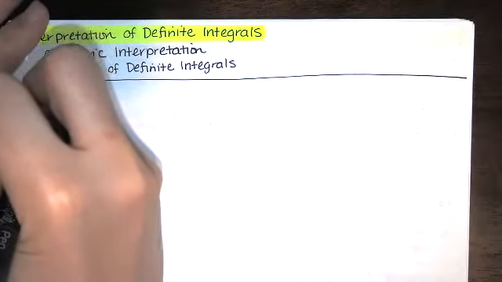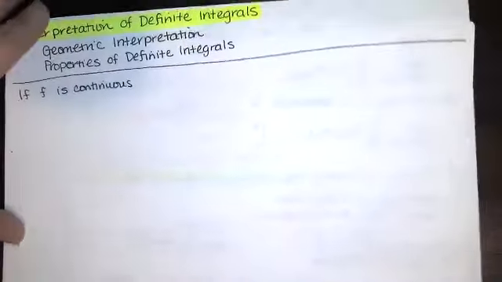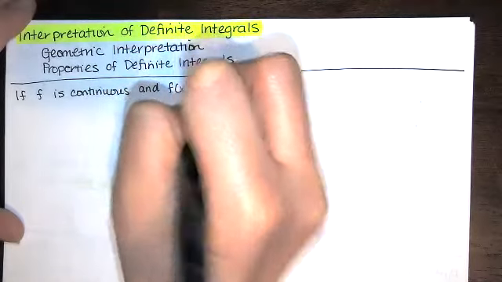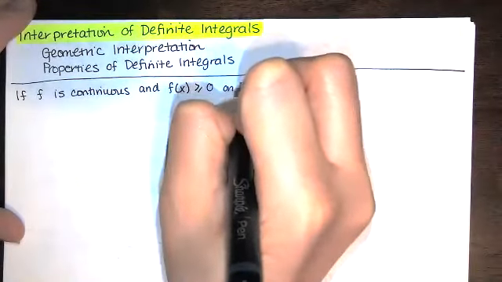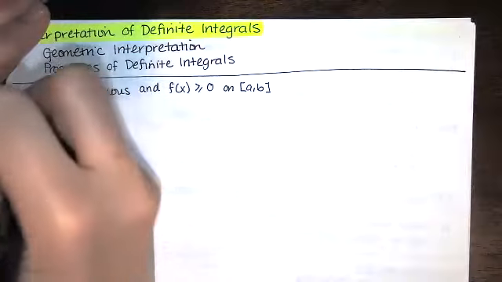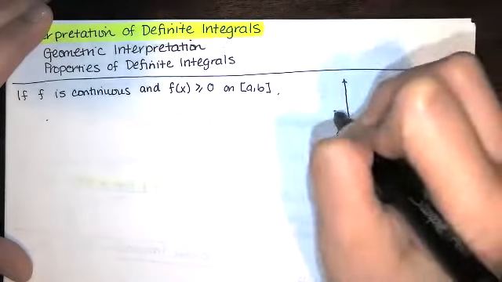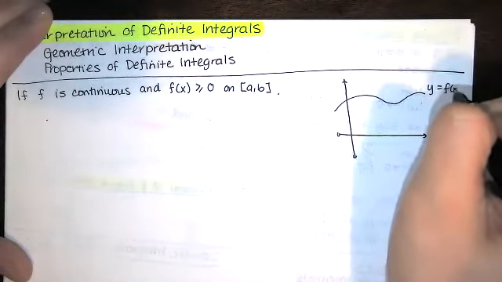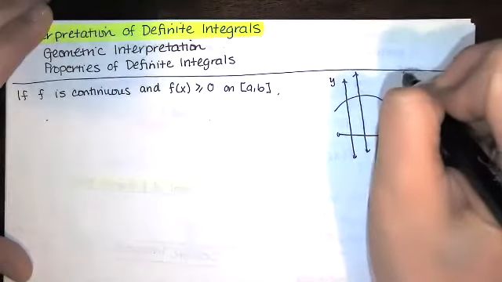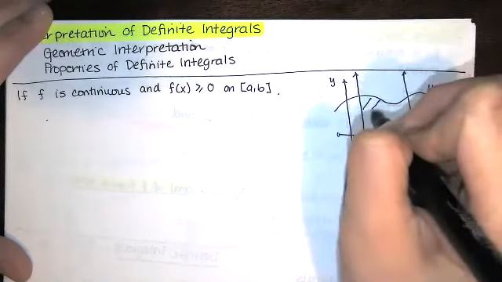If your function is continuous on the interval from a to b, and it's non-negative, so that means the function is just greater than or equal to 0 on the interval from a to b, then this area, the area between the function y equals f of x and the x-axis, between x equals a and x equals b, is given by the value of that definite integral.